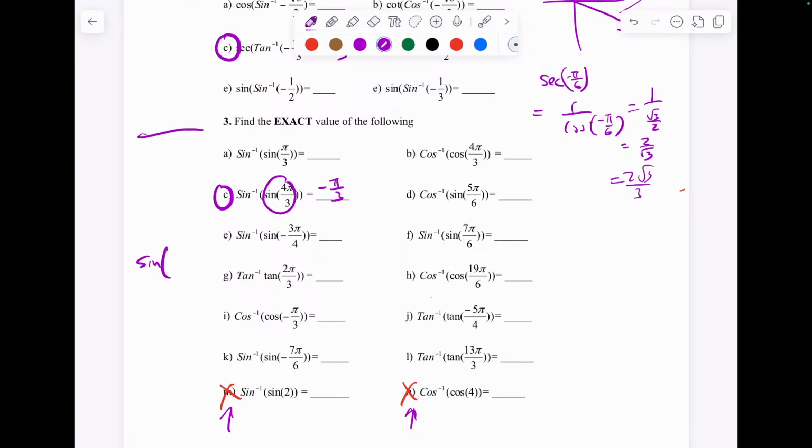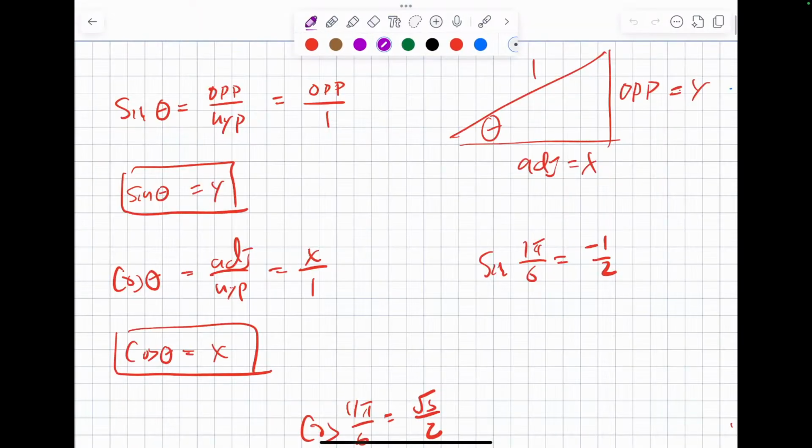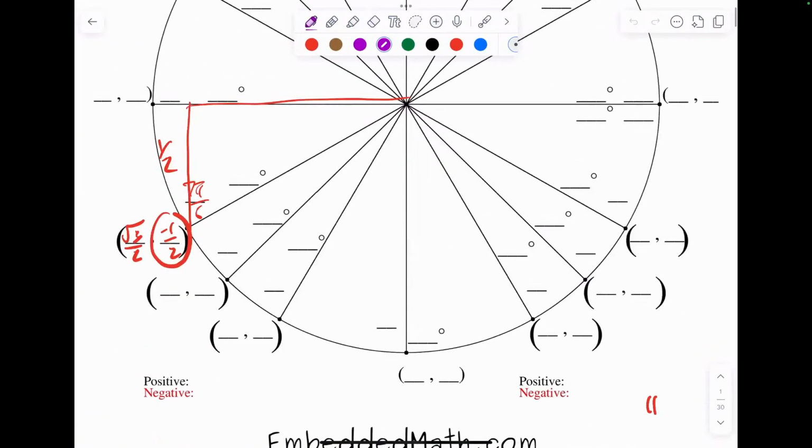Pi over 3 is closer to the y-axis, so it's actually square root 3 over 2. 4 pi over 3 is in quadrant 3, but it's closer to the y-axis.